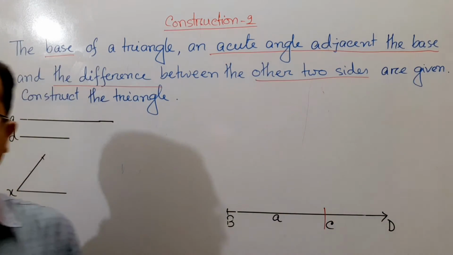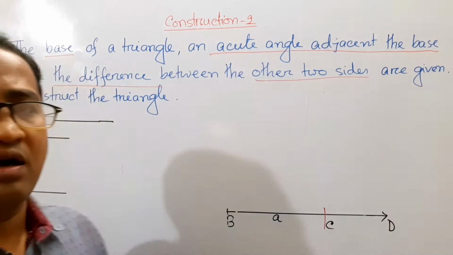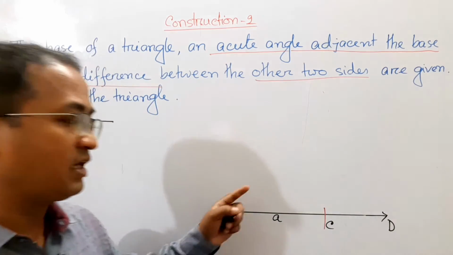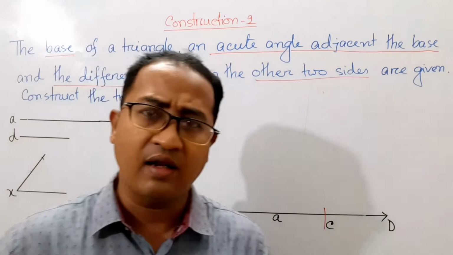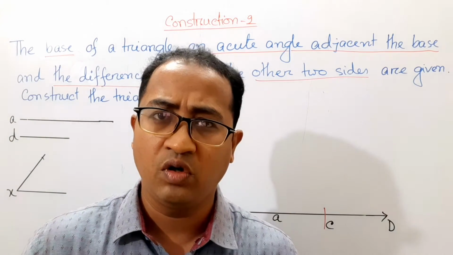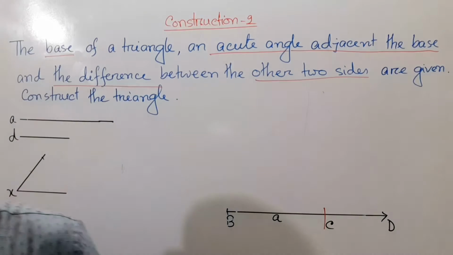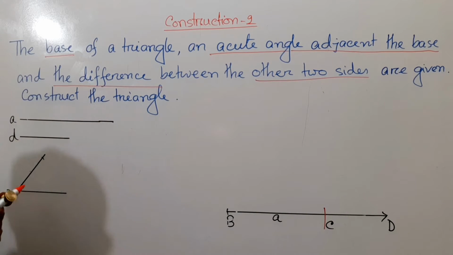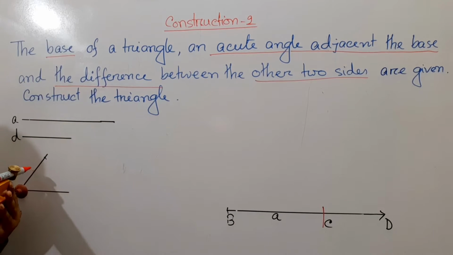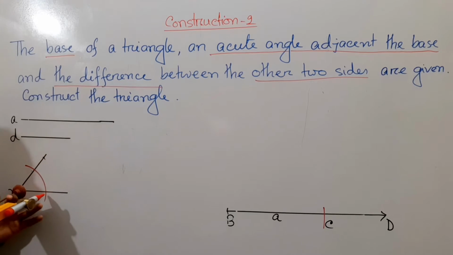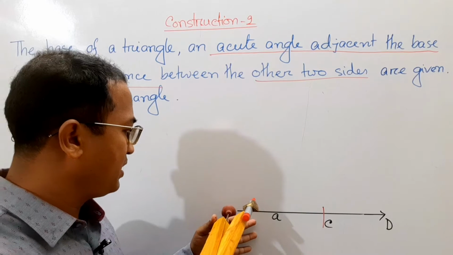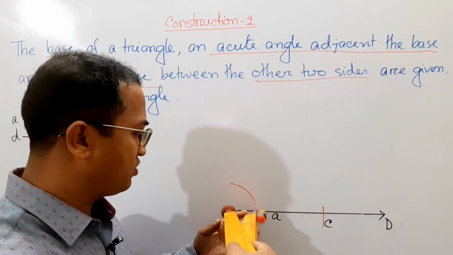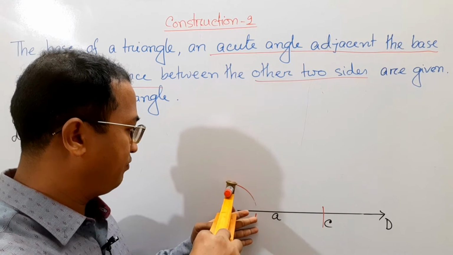Now at the point B, we will construct an angle CBE equal to X. Now how can you construct an angle equal to an angle? I think all of you know. After all, look at me. At first, centering over there, with a suitable radius, draw an arc. Now centering at B and with that radius, draw an arc.